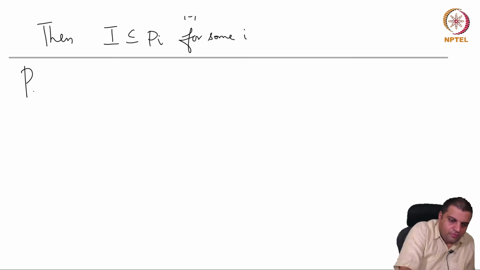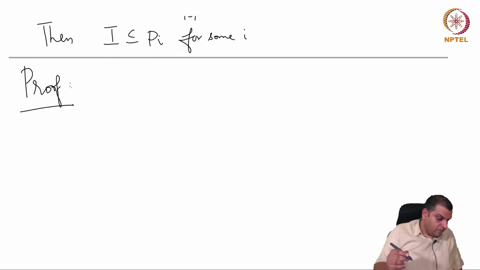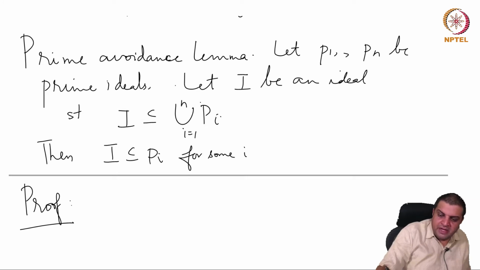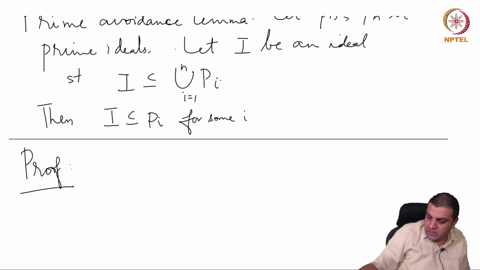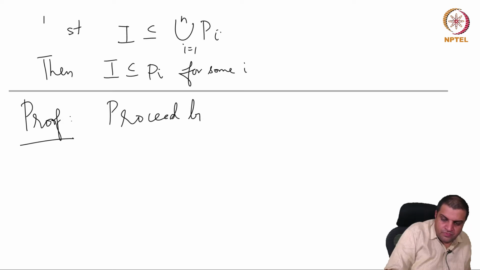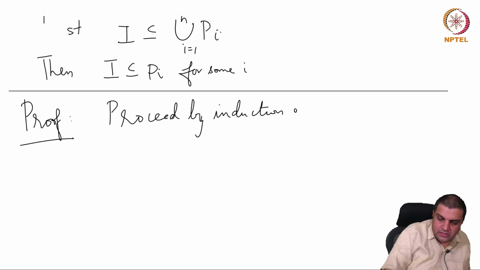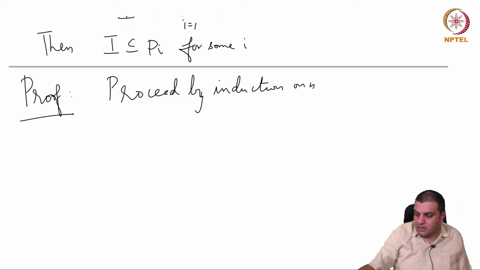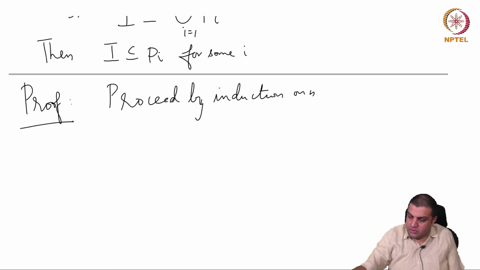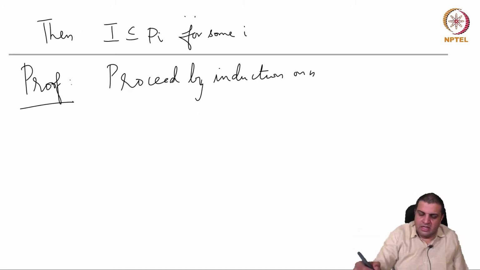So proof. Okay. So I is contained in the union of n primes, and we want to show that I is in one of them. So we'll proceed by induction on n. If n is 1, there is nothing to prove. Okay. So n equal to 2 is what we have to check.